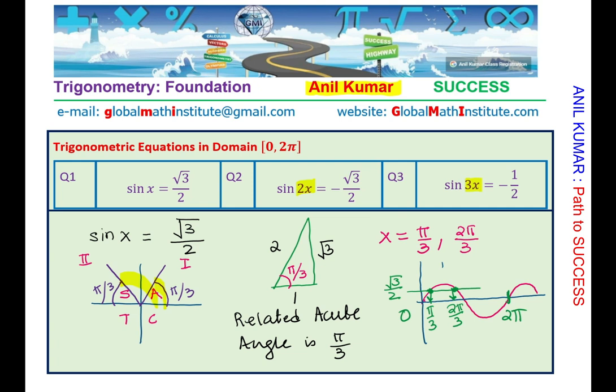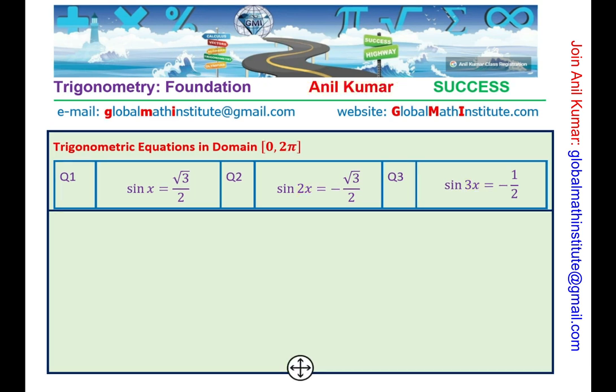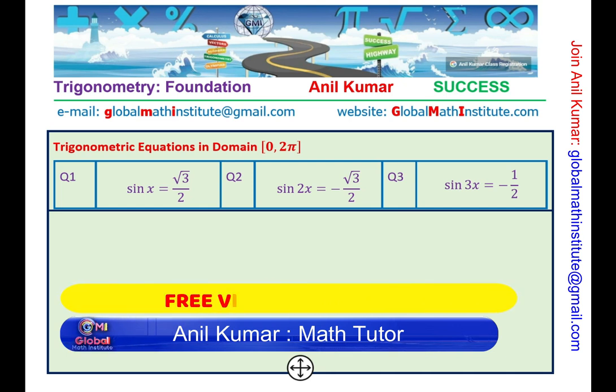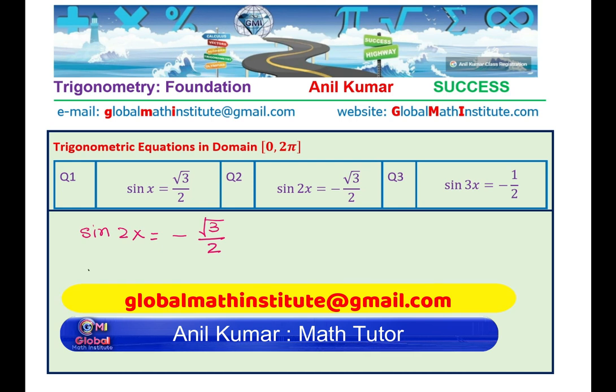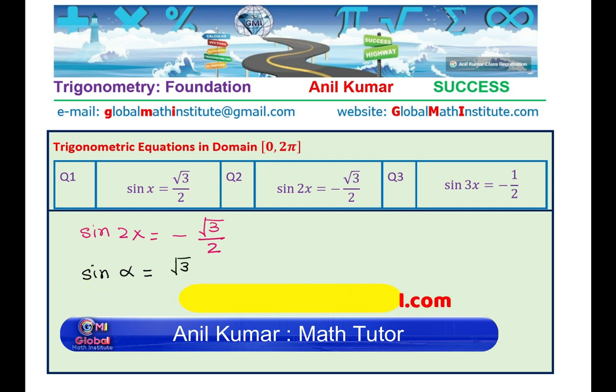Now let's see how we use this concept in finding sine of 2x equals minus square root 3 by 2. Let's use another page. The problem we are going to solve is sine 2x equals negative square root 3 by 2. The first step should always be to find the related acute angle. So we write sine alpha equals square root 3 by 2.